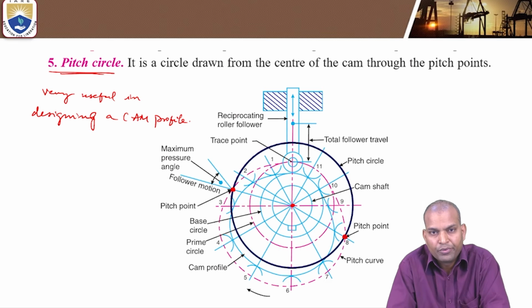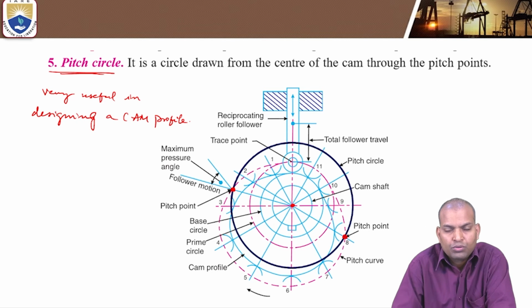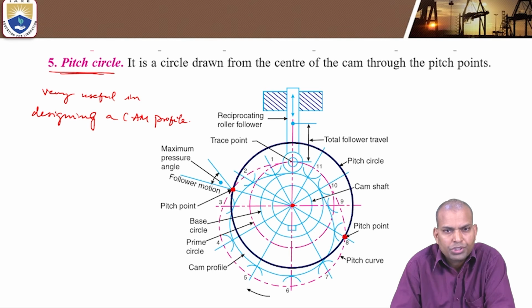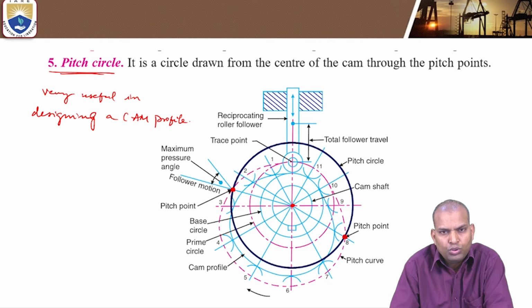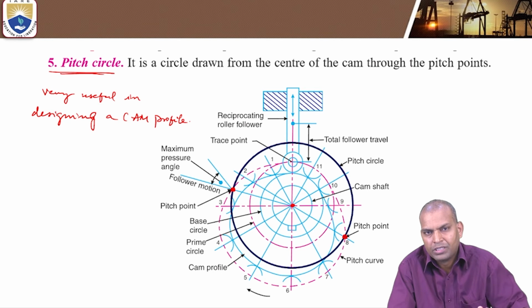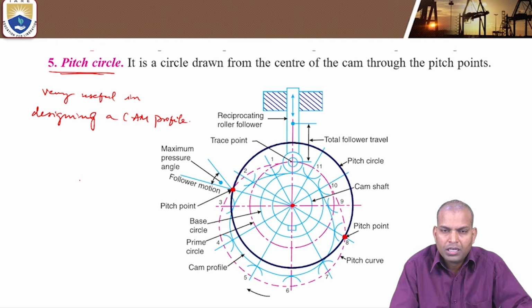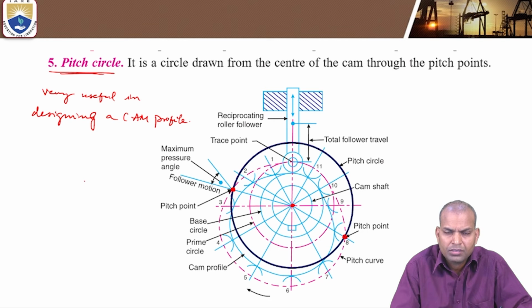So the design of a cam profile, the geometry of the cam, is so important in order to control the valve's motions. There are two types of valves in internal combustion engines, in a four-stroke engine. We can see two valves: one is the inlet valve, another is the exhaust valve. These inlet and exhaust valves are operated by the camshaft.